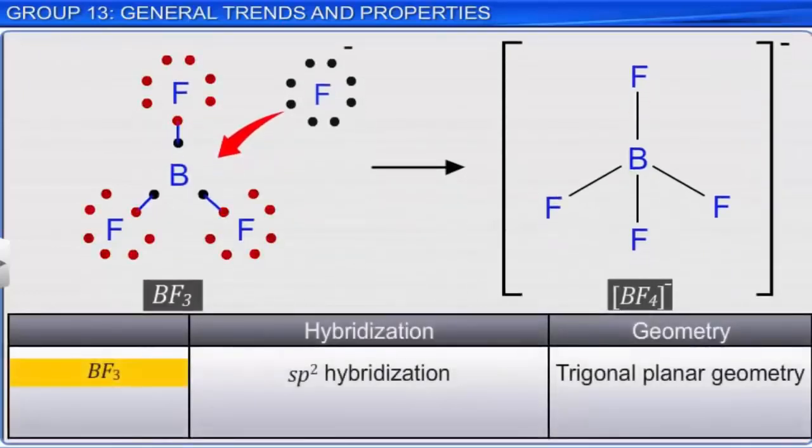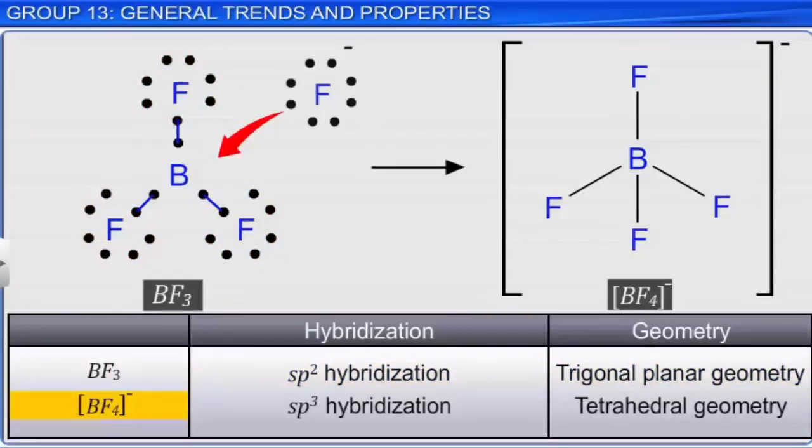BF3, with a coordination number of 3 around the central atom, displays sp2 hybridization. Its geometry is trigonal planar. In BF4 minus, there is a coordination number of 4 around the central atom. So, the hybridization is sp3.